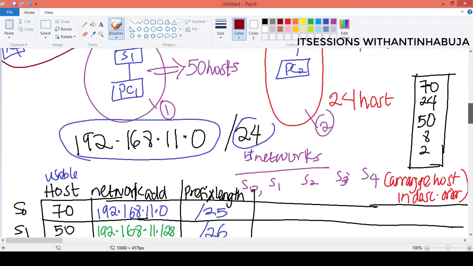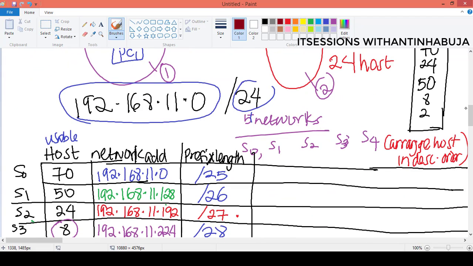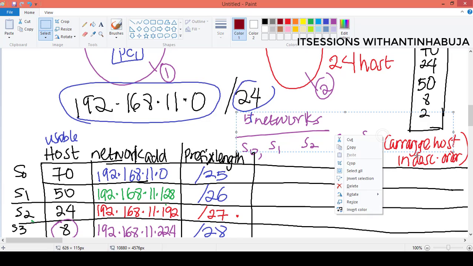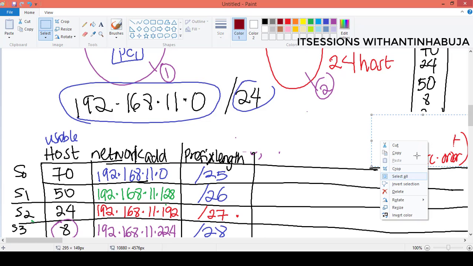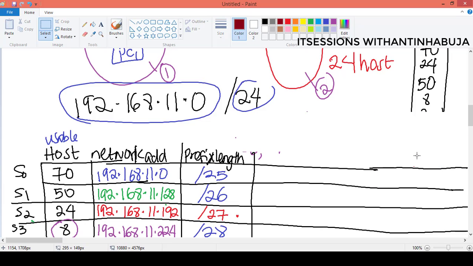So the next thing now in our table is, sorry, I may have to delete these because we need the space.